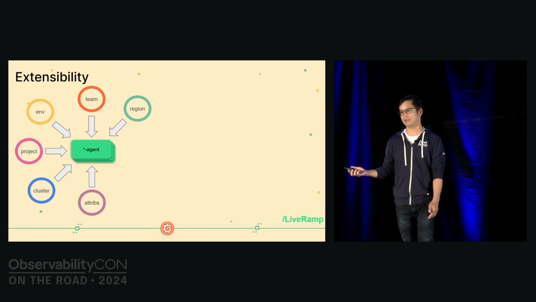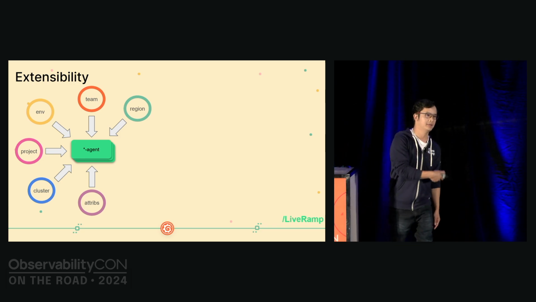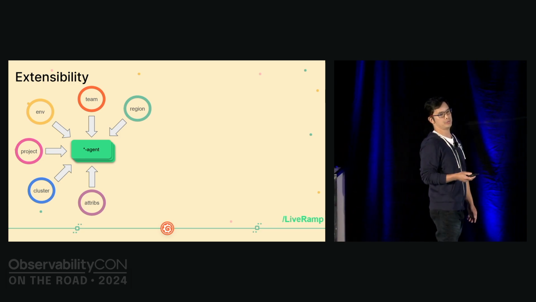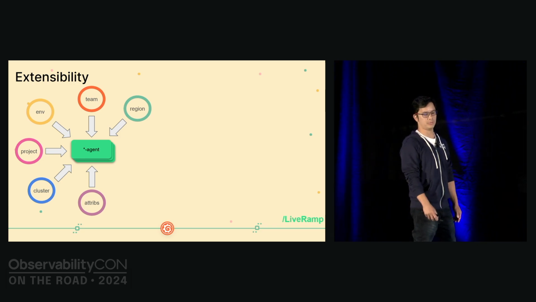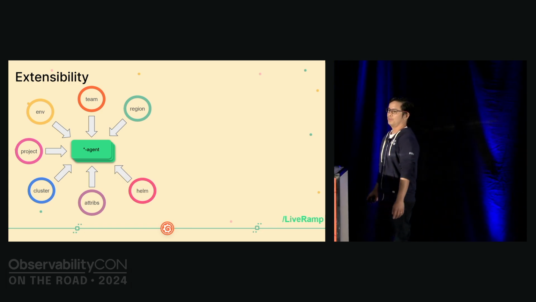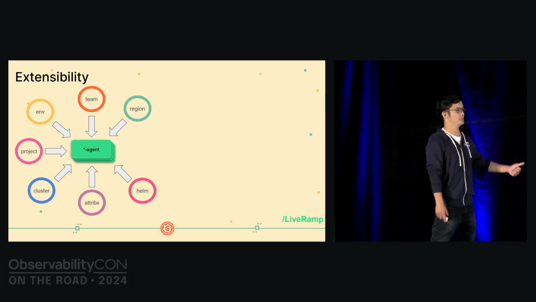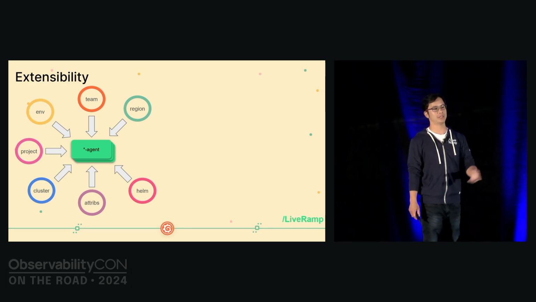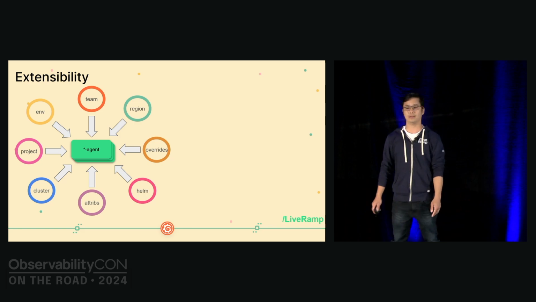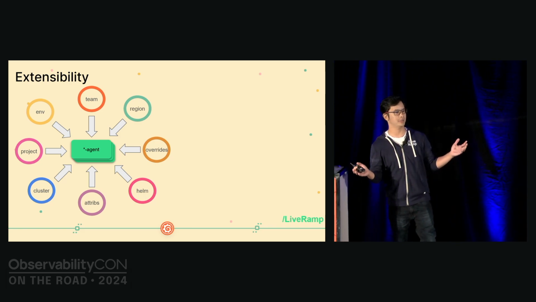However, if that is not enough, we gave them the ability to specify any other metadata they want, right, through an attribute variable. And we even gave them the ability to customize everything about Helm, right? Helm release, Helm repository, Helm version, Helm tags, and all that stuff. And then we also give them the ability to override everything about the Helm chart itself.